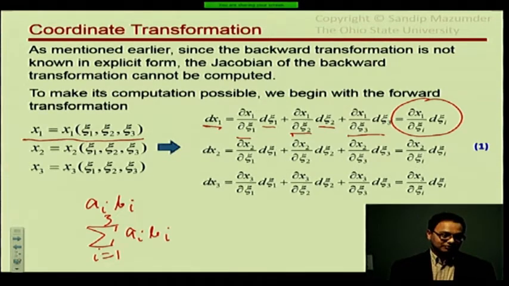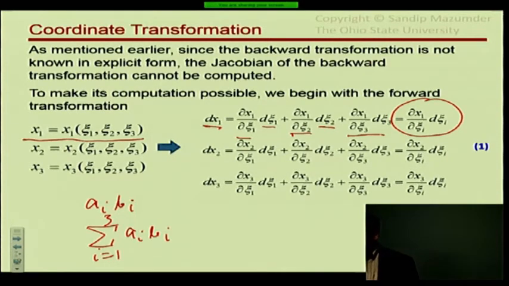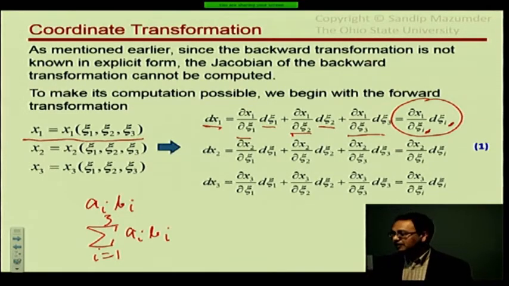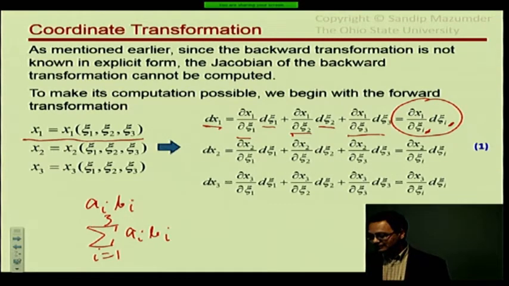The fact that I have this repeated index here, I and I, basically means partial x1 partial psi 1 times d psi 1 plus partial x1 partial psi 2 times d psi 2 plus partial x1 partial psi 3 times d psi 3. That's what it means. This summation is implicit. We are not writing it out.